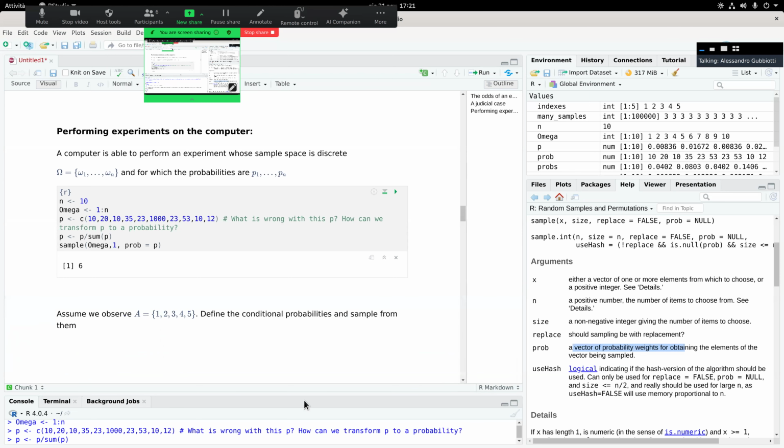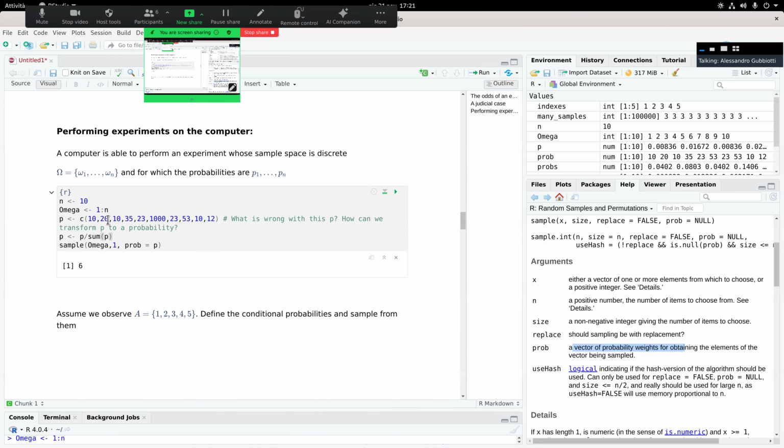So now we have the numbers 1 to 10, and we attach to each of these numbers a probability. What sample does is that it gives you one number. Why 1? Because we placed here a 1.